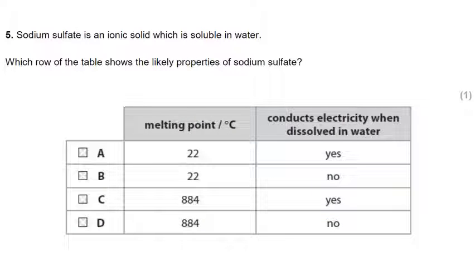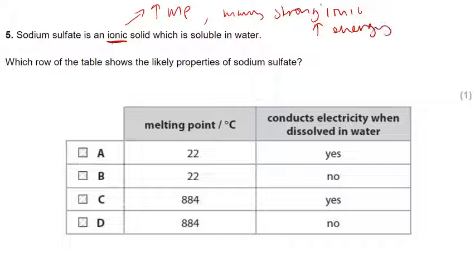Question 5. Sodium sulfate is an ionic solid which is soluble in water. Which row of the table shows the likely properties of sodium sulfate? So if it's an ionic structure, it's going to have a high melting point. Okay, and that's just because of many strong ionic bonds. And that requires a lot of energy, so a lot of energy to break those bonds.